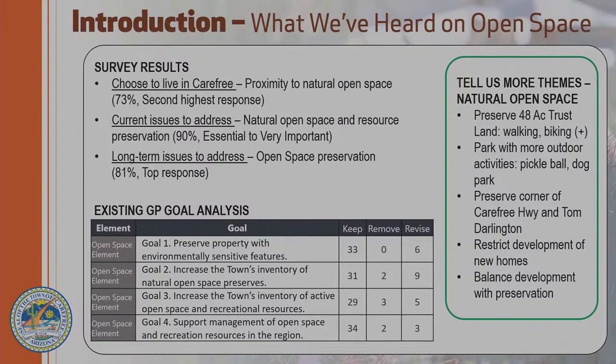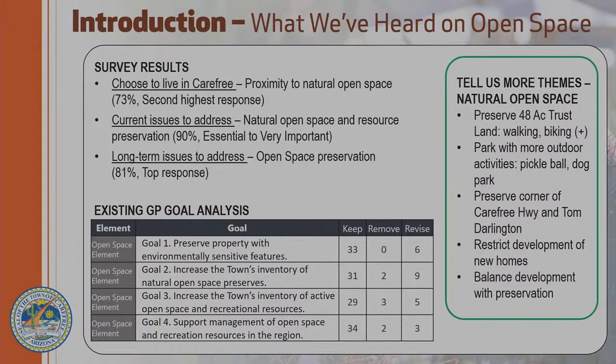In the overall survey, when asked why do you choose to live in Carefree, 73%, the second highest total, talked about proximity to natural open space. What are some of the current issues the town should be addressing? Natural open space and resource preservation. 90% of respondents said that was essential to very important. And rather than current issues, what are long-term issues that the town must address as part of this general plan? Open space preservation was one of the top responses at 81%.